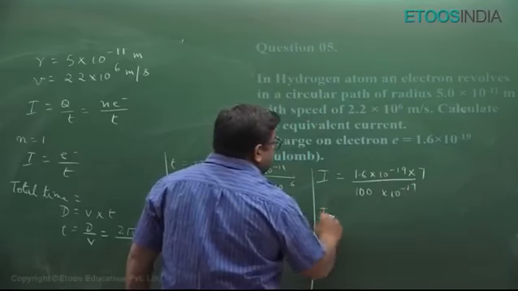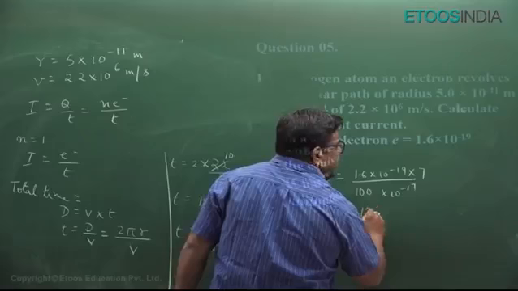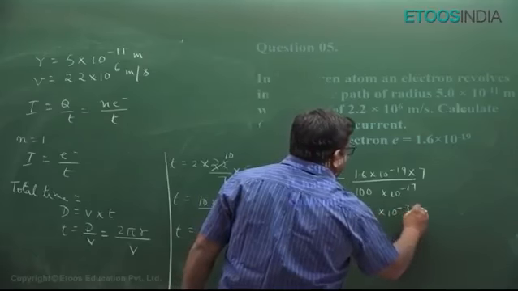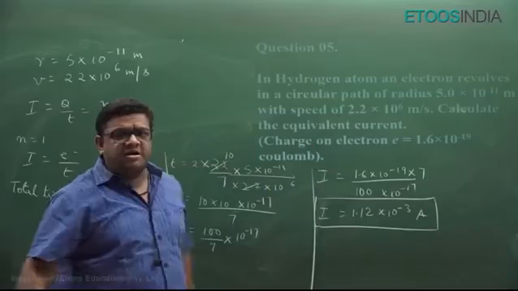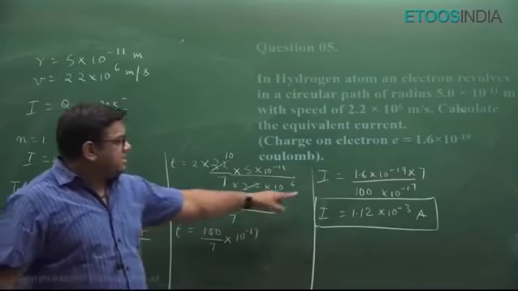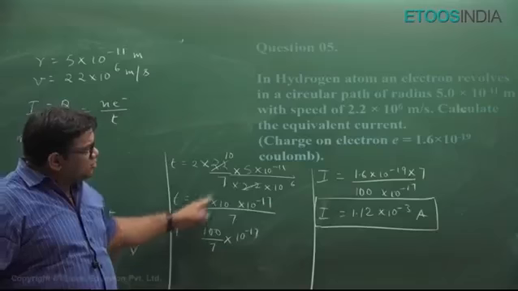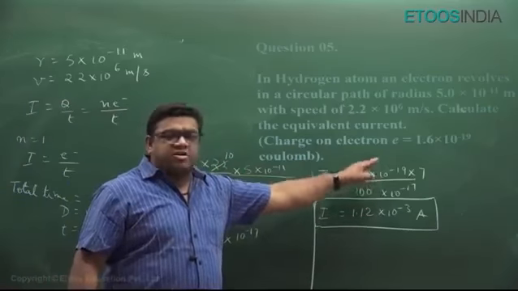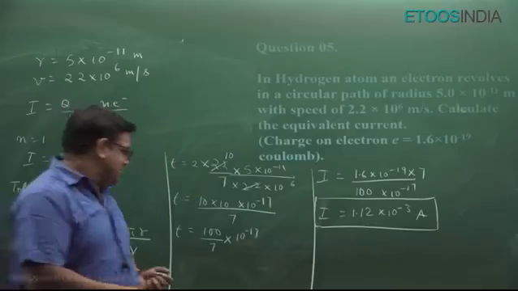So the final answer, when we solve all this, will be 1.12 into 10 to the power minus 3 ampere. Is it clear? See, this is how we need not solve it totally here. It can be further solved so that we can cross out the things which are common over here. Let's move on to the next question now.